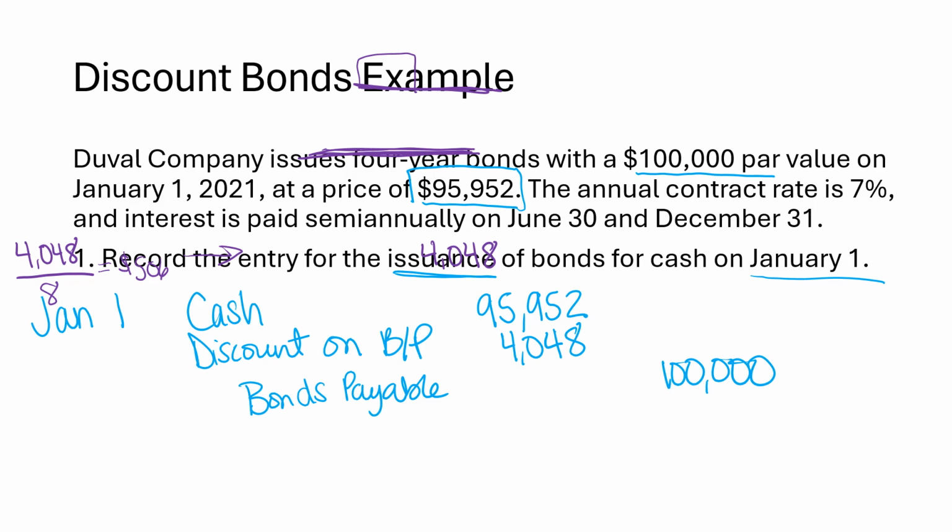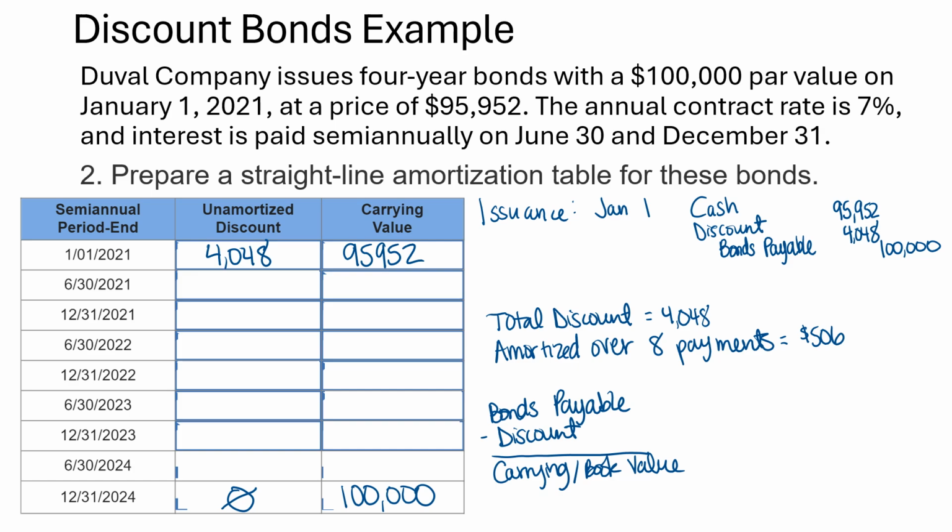Now, since we have to amortize this discount over time in our next journal entries, pay attention to this number, because the $4,048 is the amount that will have to be amortized or allocated over the 4 years. So now we will complete this table that shows the calculation for the straight line amortization.